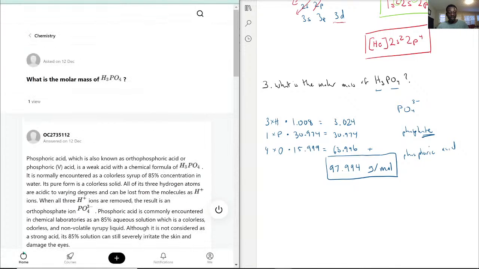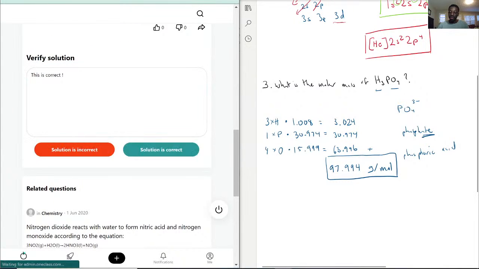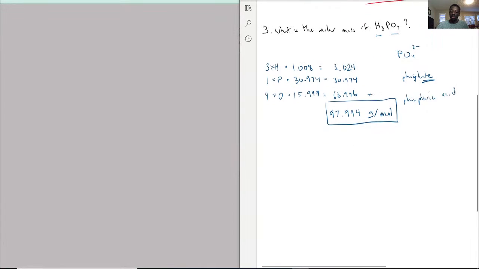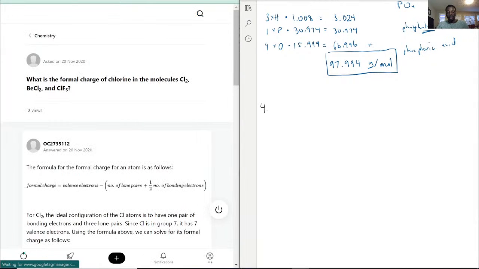So with that being said, we have now the molar mass of phosphoric acid. So let's move on now to question number 4. What is the formal charge of chlorine in the molecules Cl2, BeCl2, and ClF5?